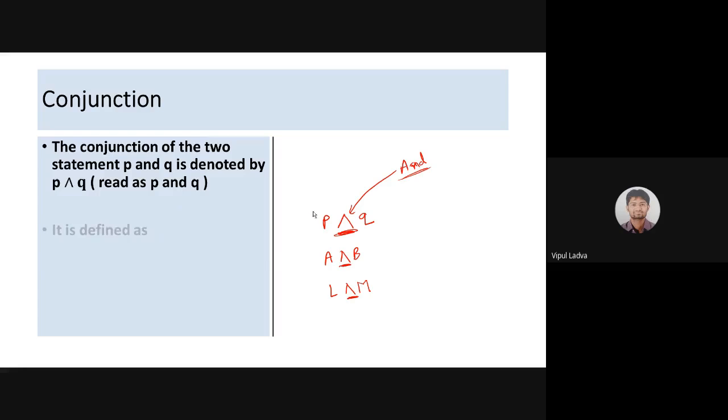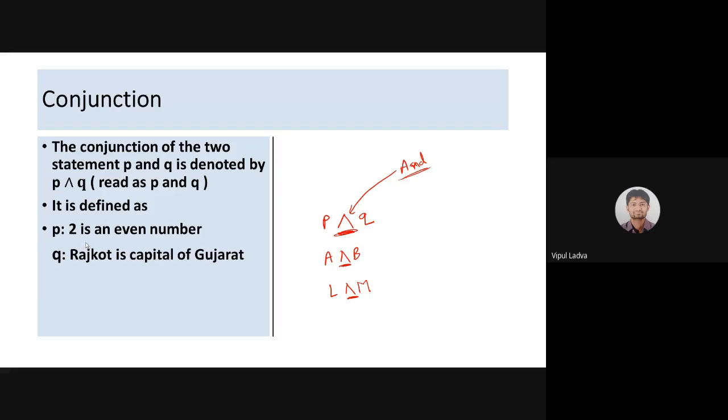Let me give you some examples. Let me give you two statements P and Q. P is one of the statements which we used earlier, that 2 is an even number. Let me have another statement, like Rajkot is the capital of Gujarat. P and Q both are statements. Remember, P is a statement and Q is also a statement.